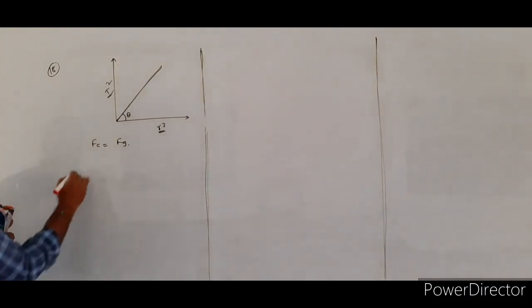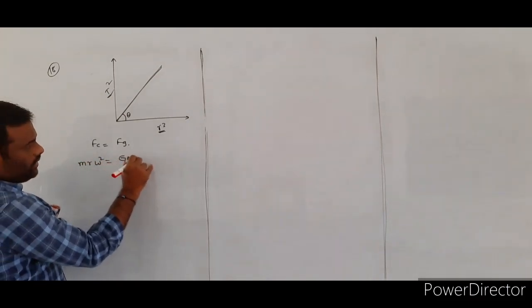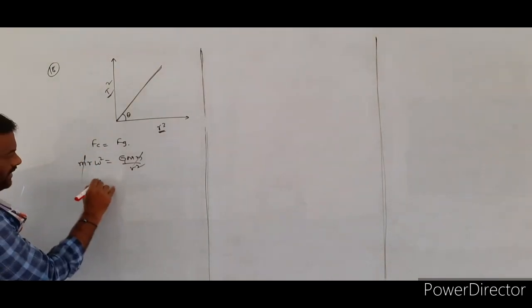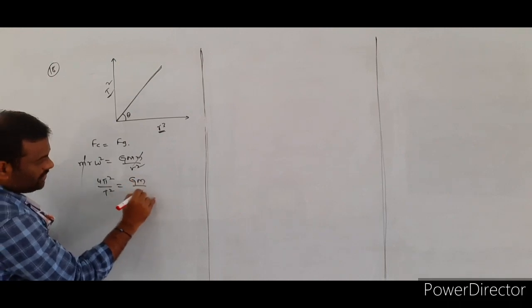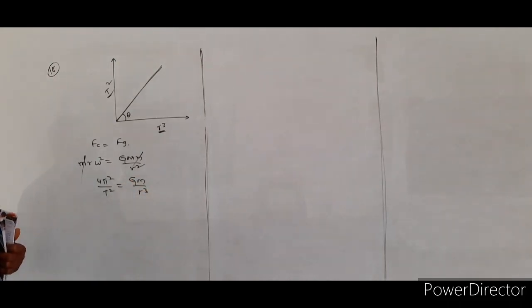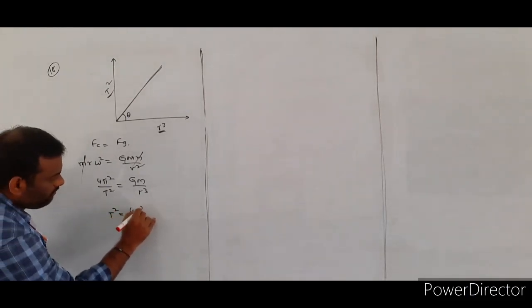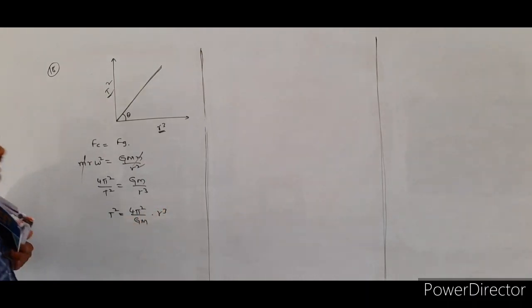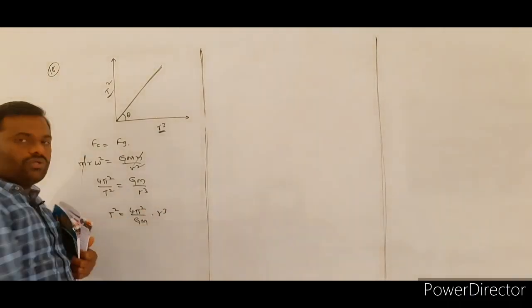What is the centripetal force here? M r omega square. Gravitational force is equal to G M m by r square. m will get cancelled. So here 4 pi square by T square is equal to GM by r cube. So I will write T square is equal to 4 pi square by GM into r cube.